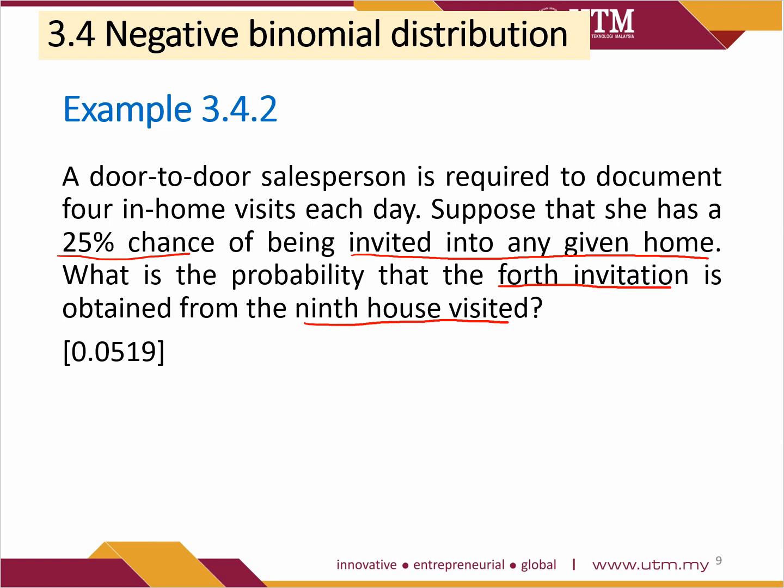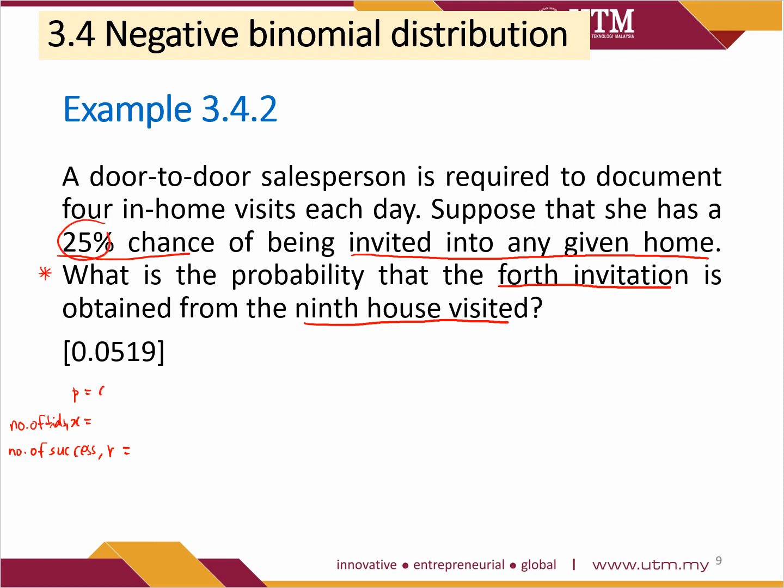So our aim is that we want to know the probability of the invitation is obtained from the 9th house visited. So we need to identify what is our P, what is our number of trials, and then the number of successes, which is given as R. So this 25% chance would be the probability.